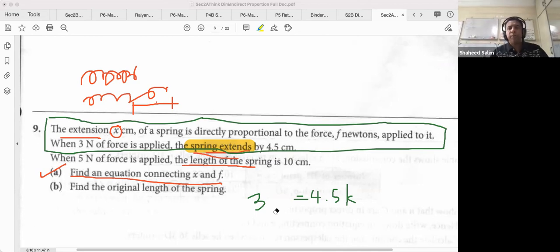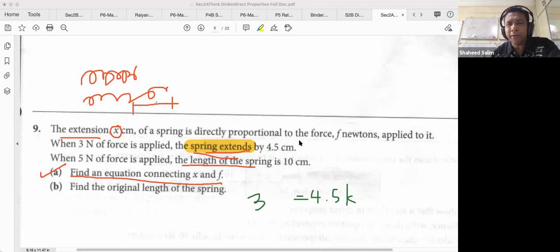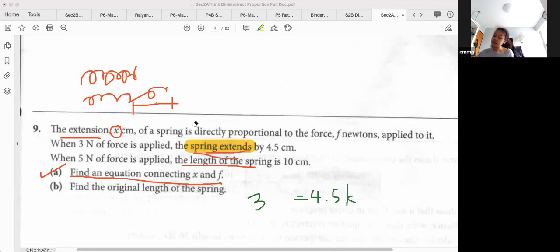Hold on, hold on, wait. Stop. It's the other way around. Okay, hold on. The extension down here means this is the 4.5. The other way around, okay?